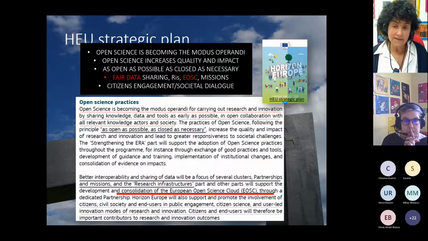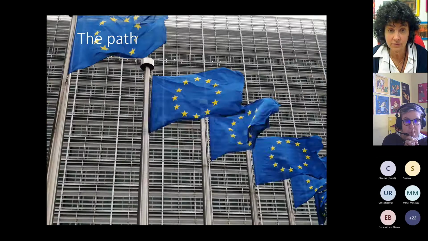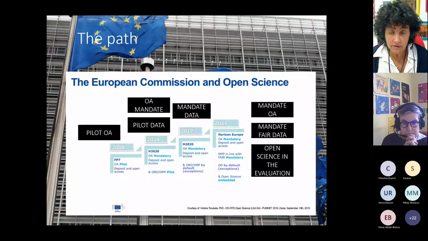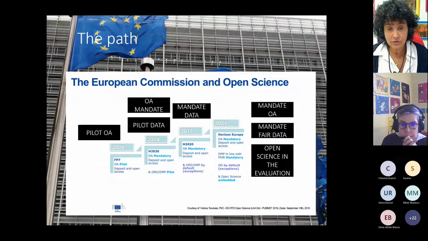So that's, let's say, just setting the scene, okay, what's going on in Europe and the reasons why the European Commission went for this strong open option within Horizon Europe. It was not out of the blue. As you can see, they started in FP7 in 2008, with a pilot on open access.